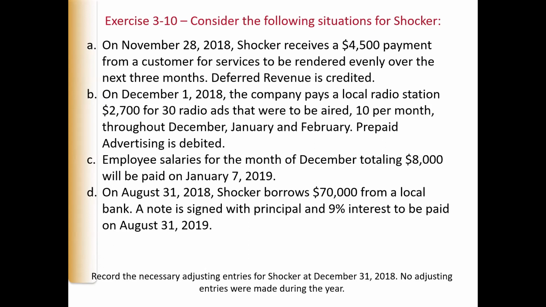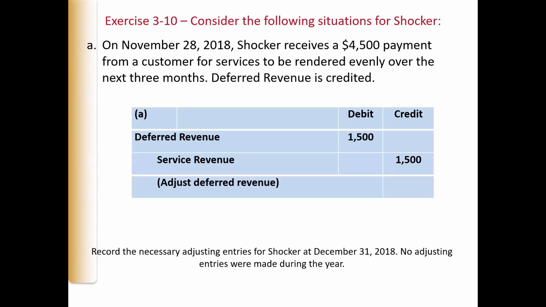Yeah. So chances are in December, we provided that $1,500 of services. So we need to adjust our books accordingly to show we provided those $1,500 of services. So wouldn't we debit our deferred revenue because it's no longer a liability, the $1,500, it's now a revenue, we earned it.